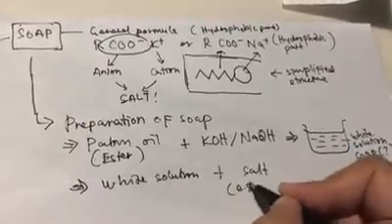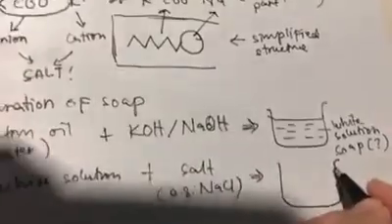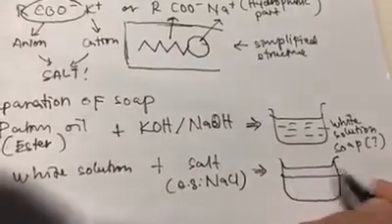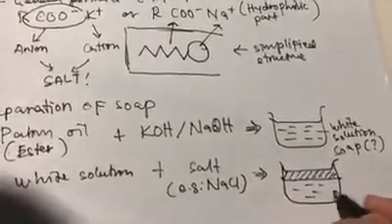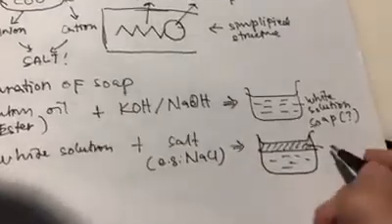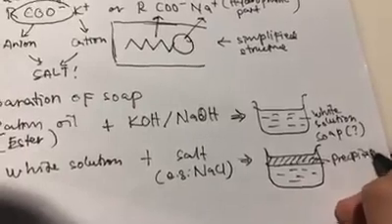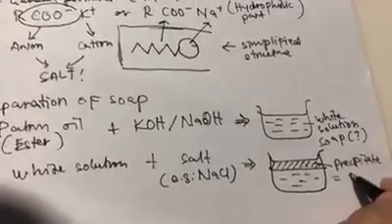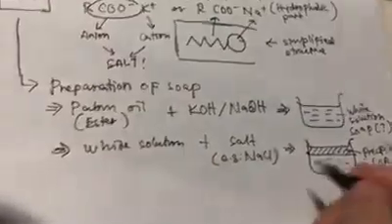For this example, we will use sodium chloride, very common household salt we use every day. Okay, so the salt will cause a white precipitate to form on top of the solution. It will form a layer, and this is actually the soap that we want.